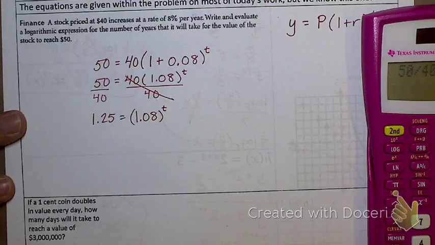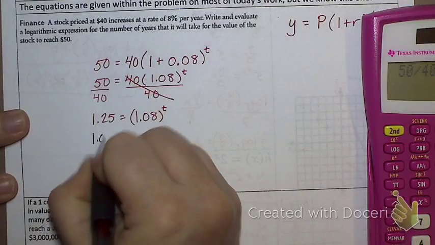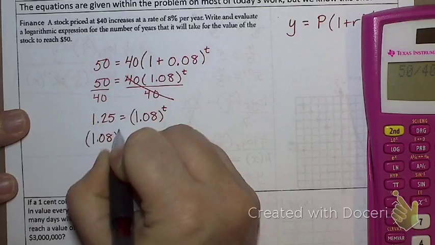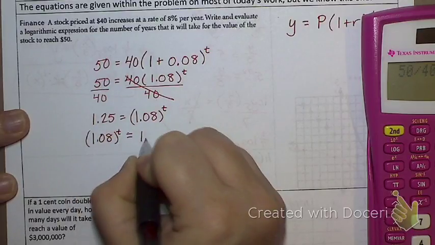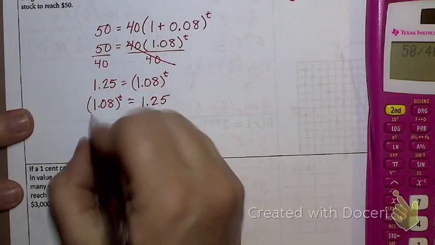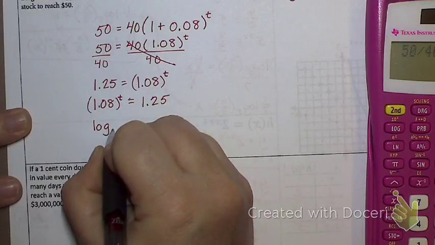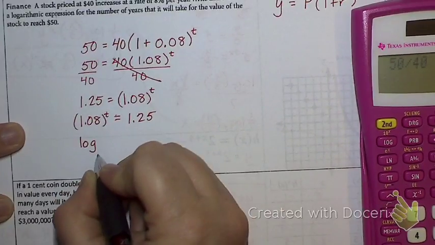How am I going to get t by itself? Log. Go to log form. Now I'm going to write the exponent on the left. Again, you don't have to if you're confident enough not to. And when I go to log form, what's my base? Anybody?